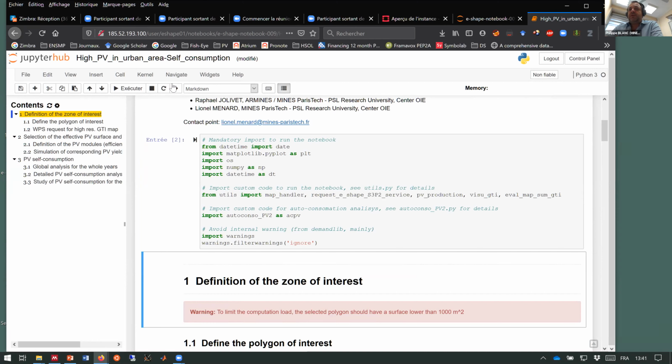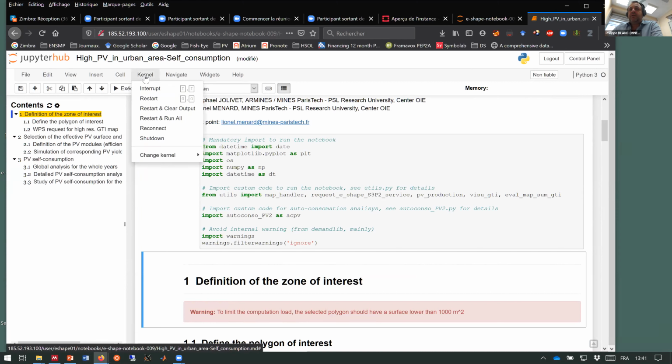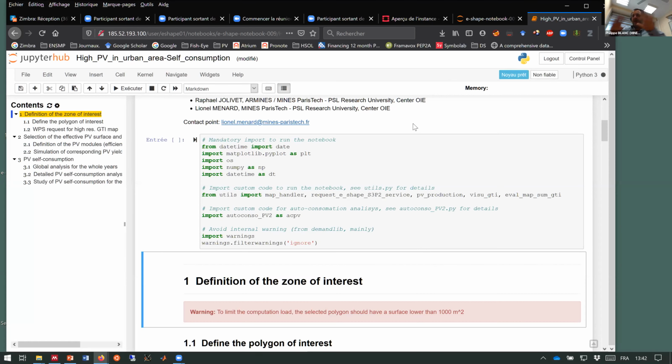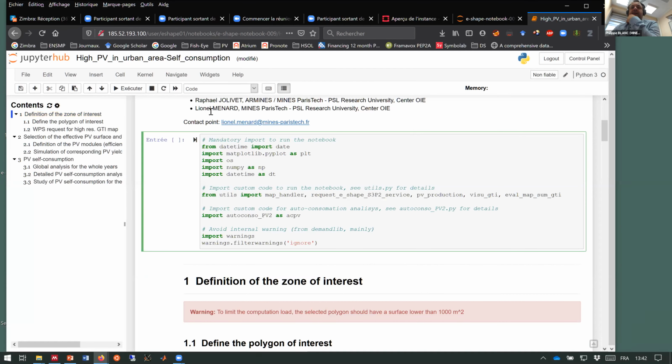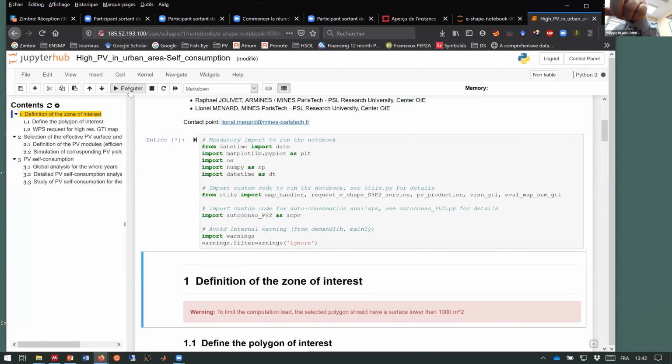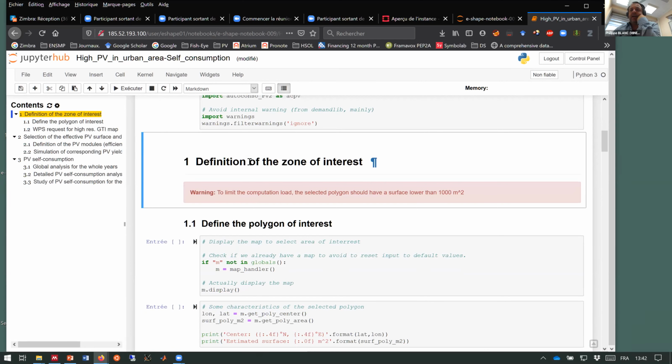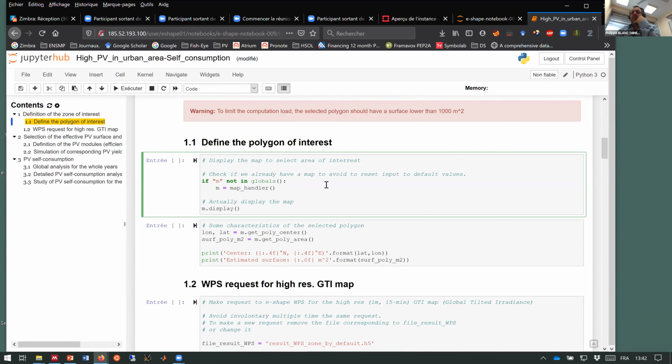And if you want to restart from the beginning, you can use the kernel restart and clear outputs, which I will do here to restart from the beginning, okay? So I can do this, so you can see the star and then the 1, meaning that the cell has been run, it's okay. I can go to the third one where I have something to run, so I run this.